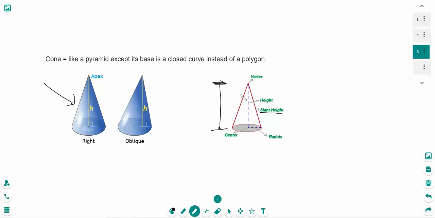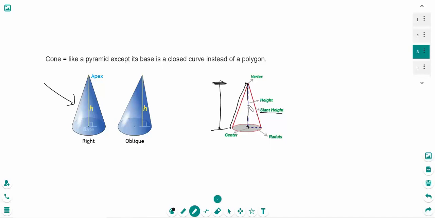So the slant height is the length of the side of the cone, you might say. This length from here, following along the side up to here, is not the same length as the height of the cone. The height of the cone starts here and goes straight down. This is the height of the cone.